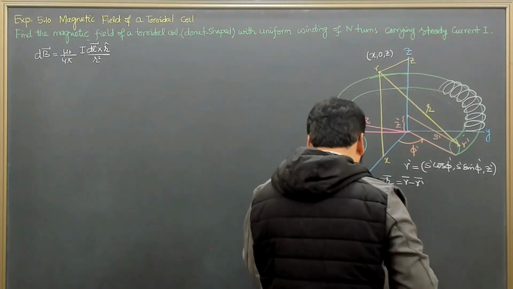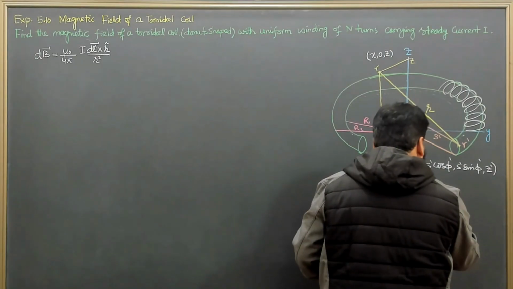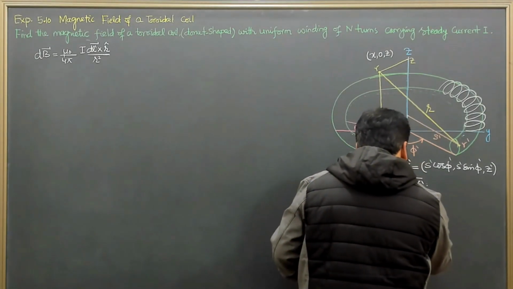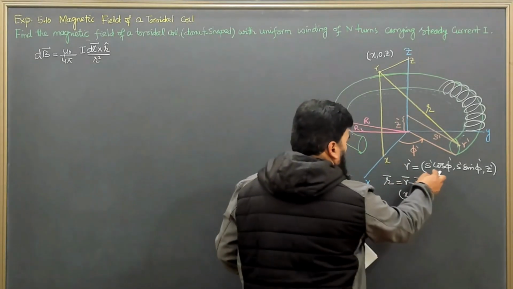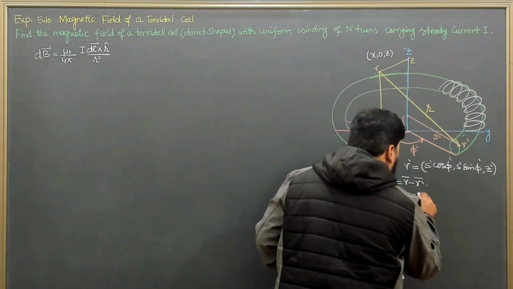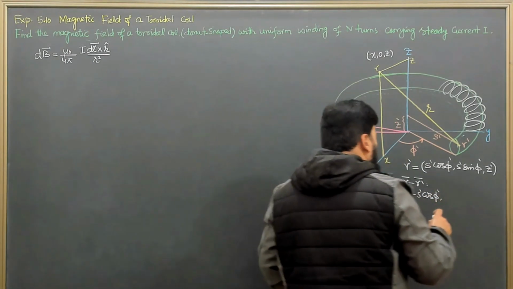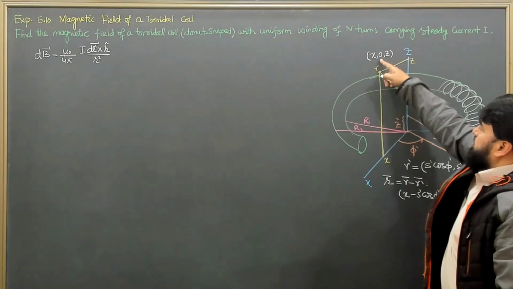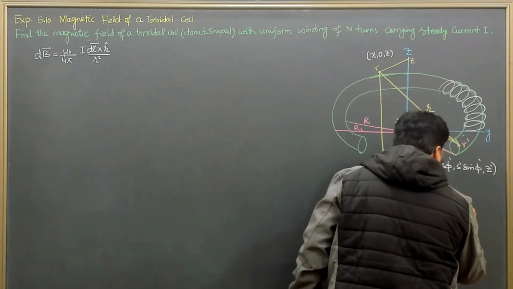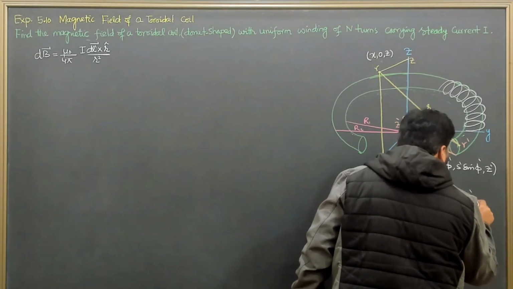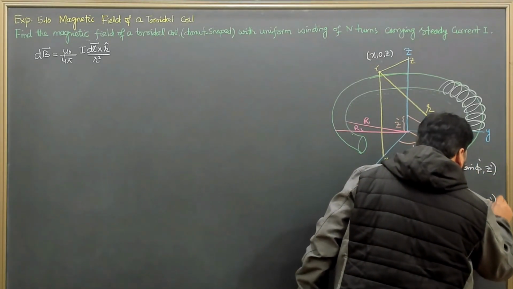So the coordinates of tilted R are X minus S prime cos phi prime, then Y equal to 0 minus this one, which becomes minus S prime sine phi prime, and then Z minus Z prime.